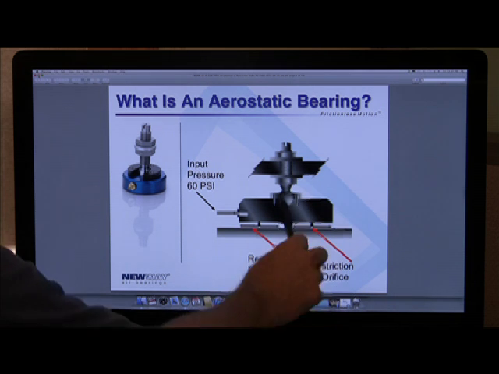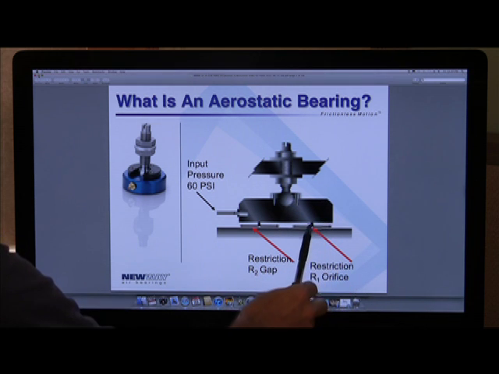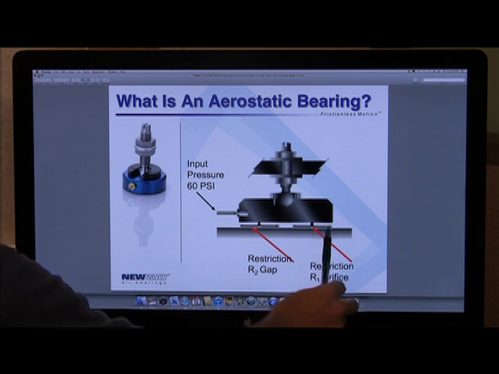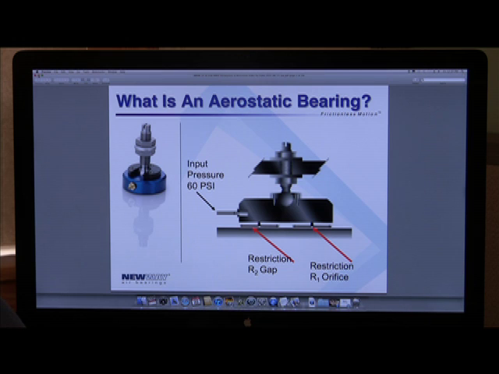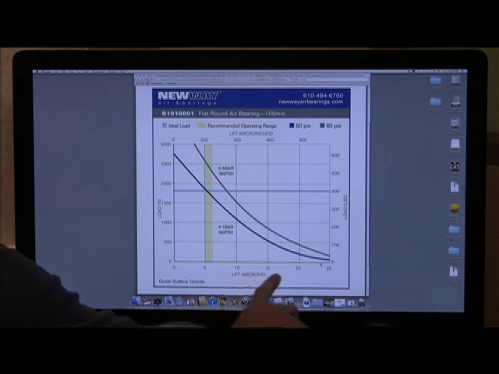As you increase the pressure to the bearing, the gap will get smaller, and relatively less flow through the orifice creates a higher pressure in the gap. And we can see that when we go to the New Way air bearing website. These are lift load curves. Across the bottom you see the gap in microns from 0 to 25.